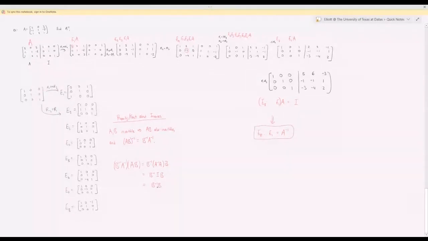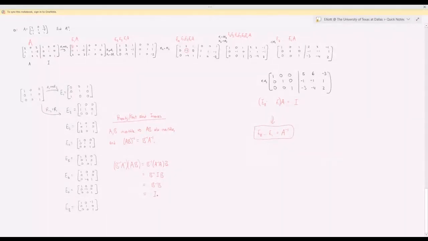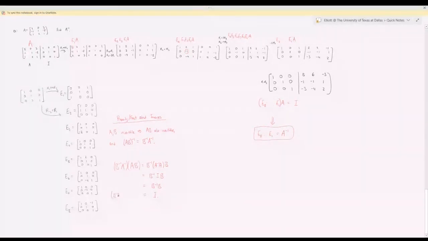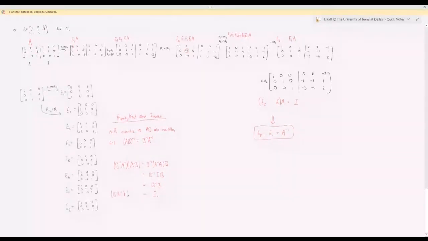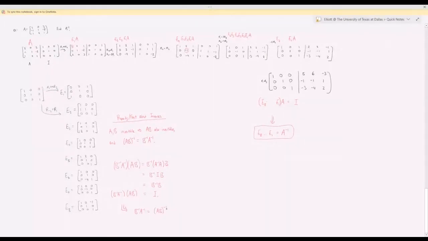That's just B inverse times B, and by definition of inverse, that's equal to the identity. So since B inverse A inverse multiplies AB to give the identity, it follows that B inverse A inverse must be the inverse of AB. That's a short proof of this property.